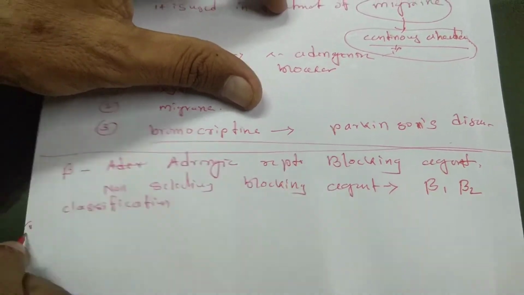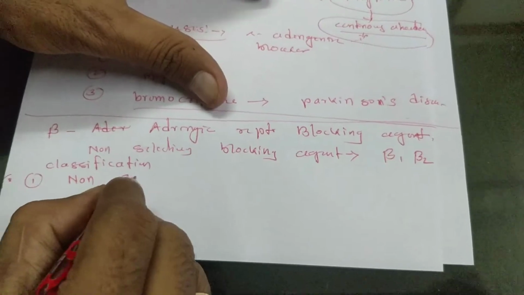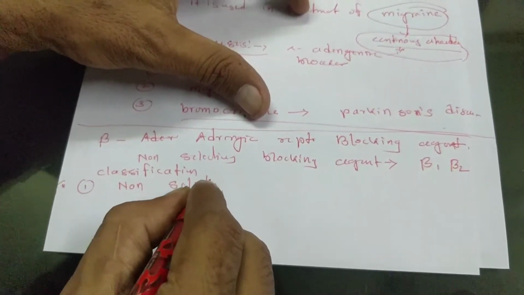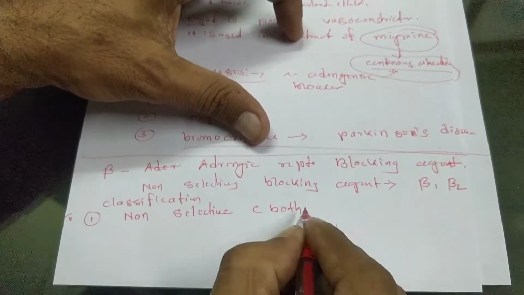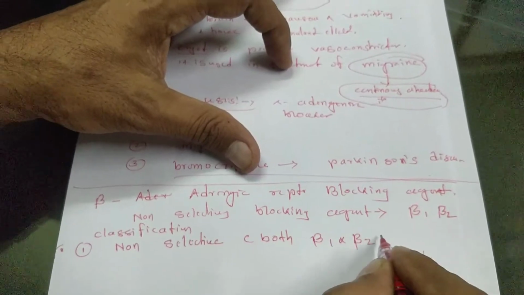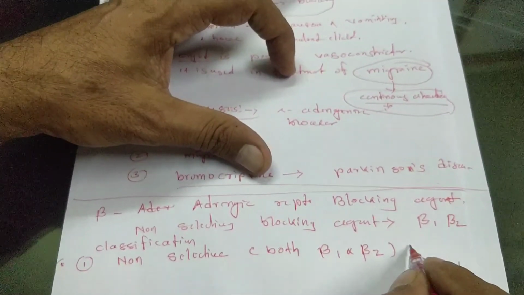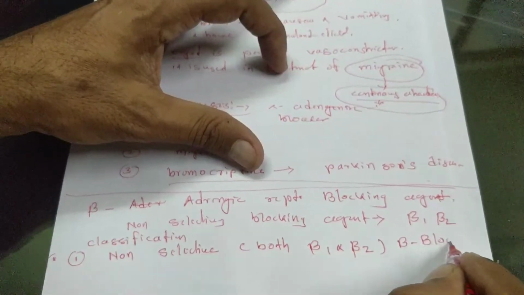Now the first one. Non-selective means they block both the beta 1 and beta 2 receptors. That is called the beta blocker.